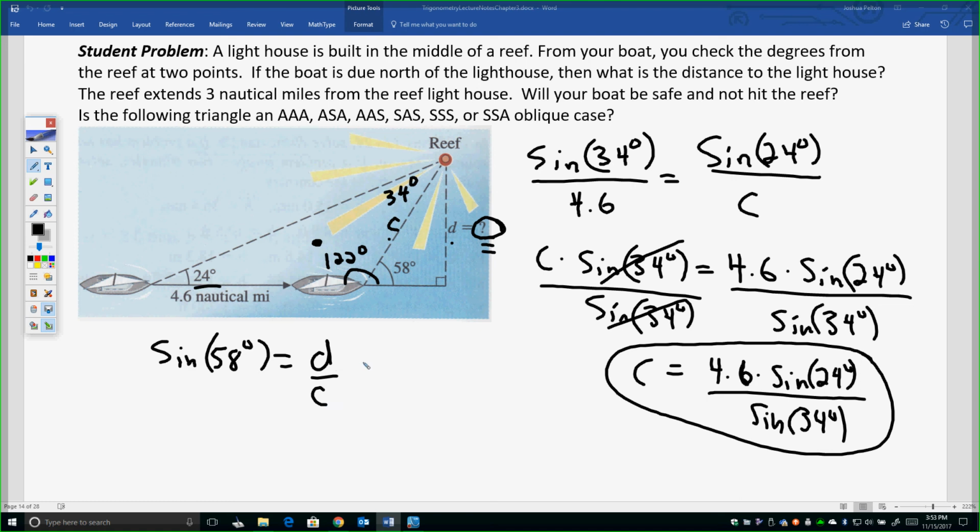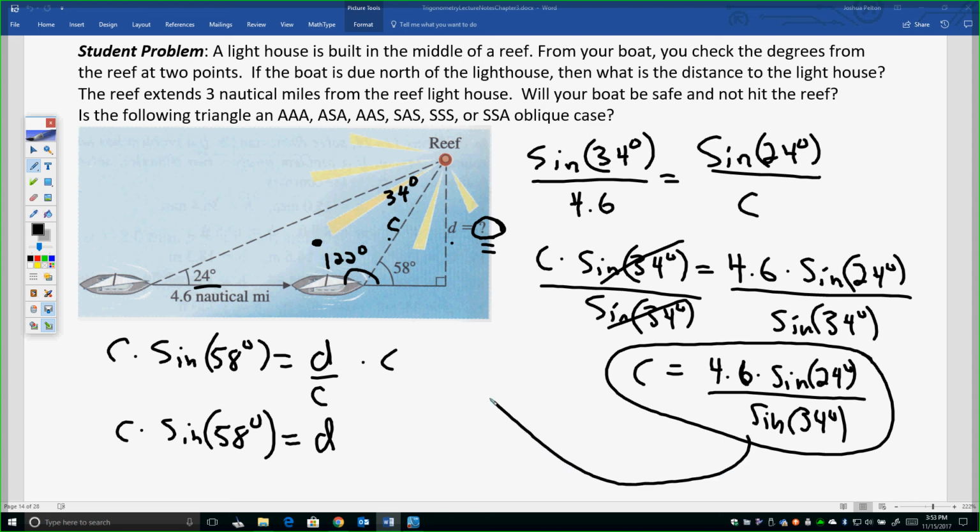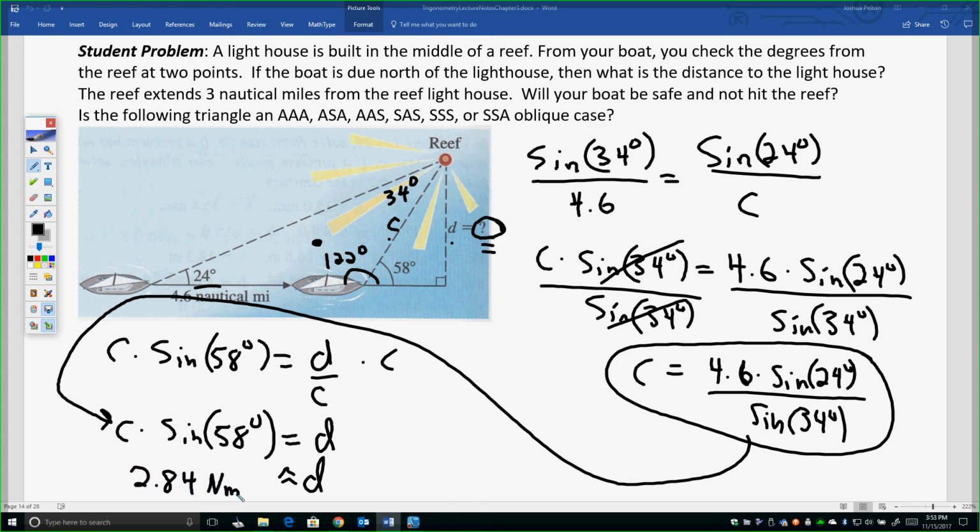So if we multiply both sides by C, we get C times sine of 58 equals D. But we already have C, it's over here. So I'm going to plug that in to our calculator and multiply that by sine 58, and you will get that D is approximately 2.84 nautical miles (capital N, lowercase m) is the correct answer, or the approximation.